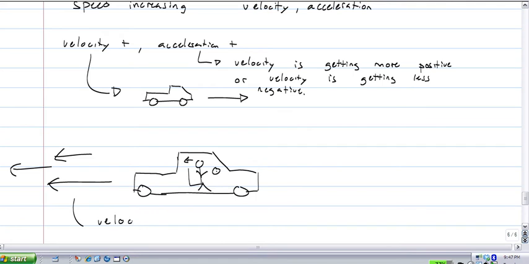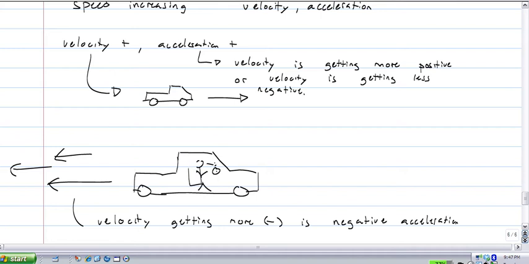Velocity getting more negative, we're going to call that negative acceleration, because when you just stepped on it in reverse, that throws you forward.